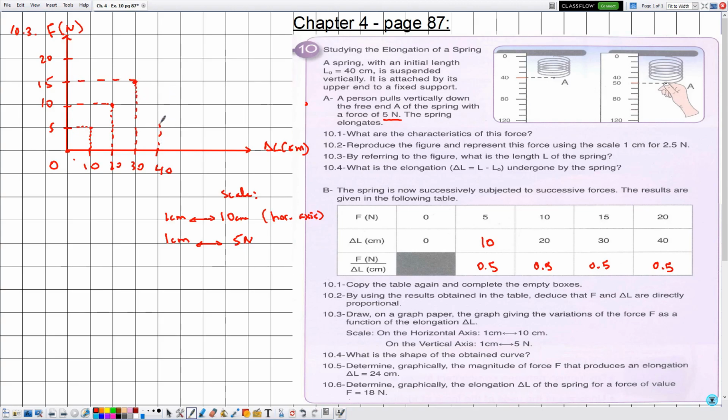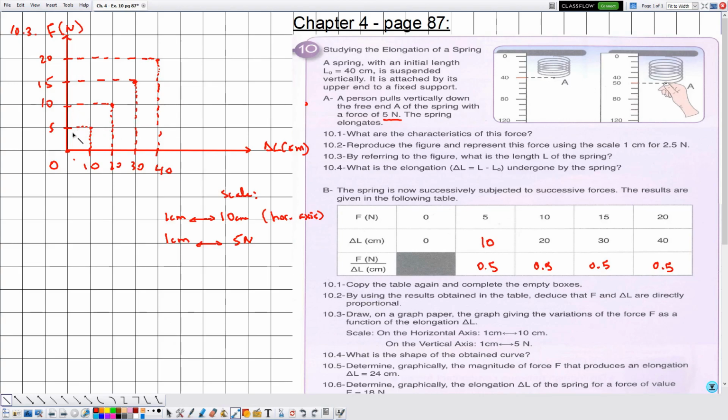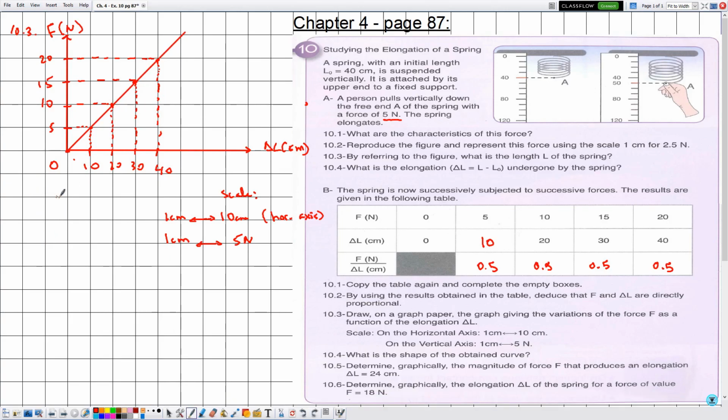And as for 40, the value of F is what? 20. And we connect these points using a ruler, not by our hand. And as we can notice, it is a straight line passing through the origin.